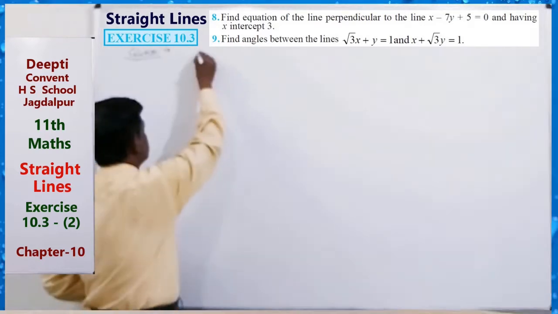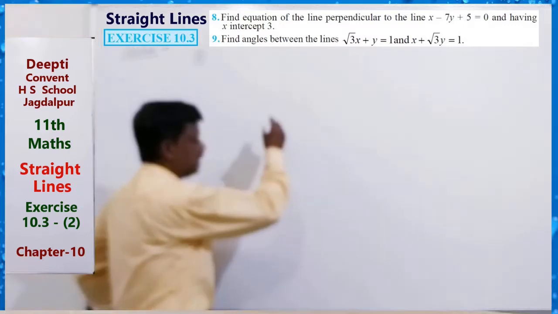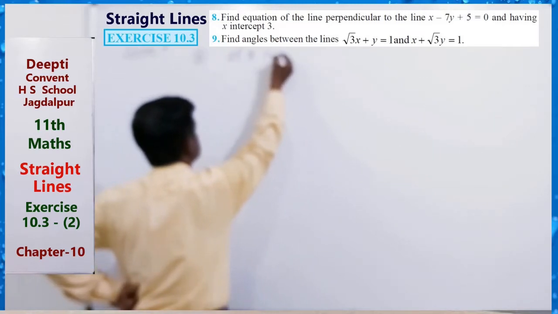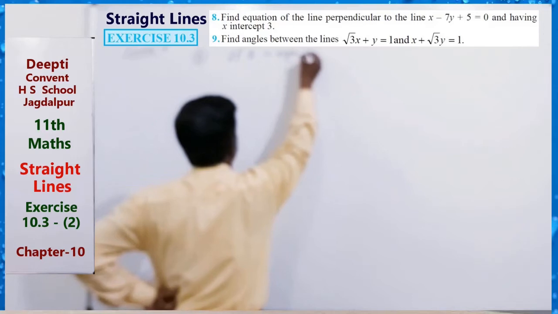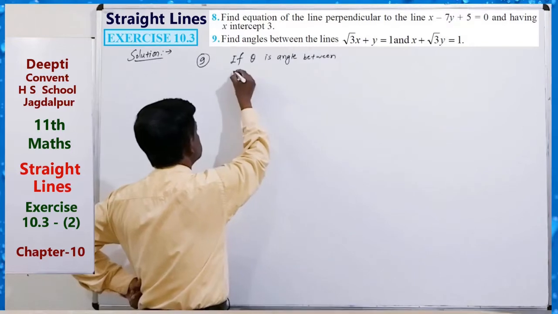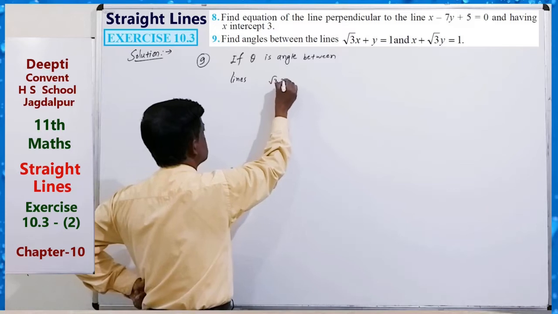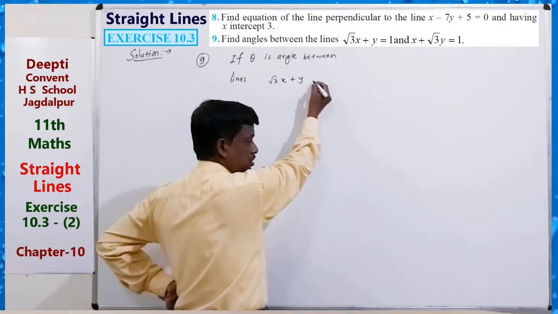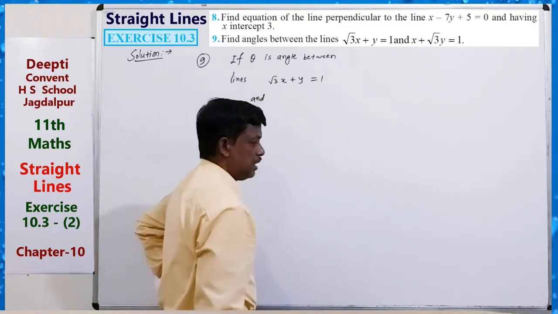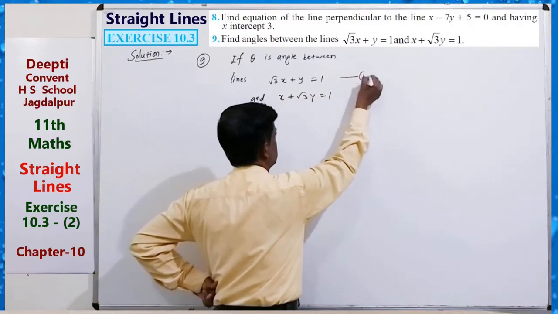Here question 9. What is given? Lines root 3x plus y equals 1 and x plus root 3y equals 1, equation 1, equation 2.